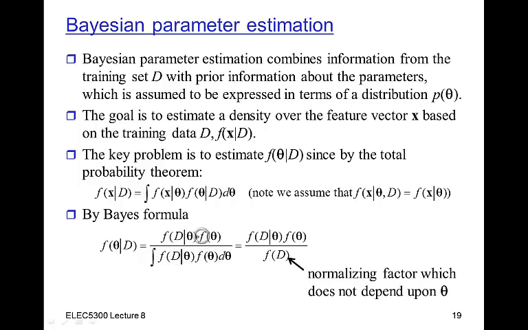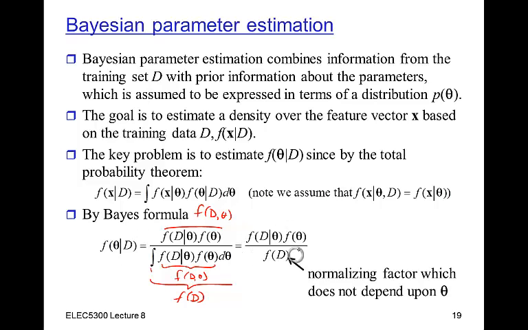Multiplying f of d given theta times f of theta gives us, if you remember Bayes' theorem, f of d and theta. And because I'm integrating f of d and theta over theta, the whole denominator is f of d. So the distribution of theta given d is just f of d and theta divided by f of d.